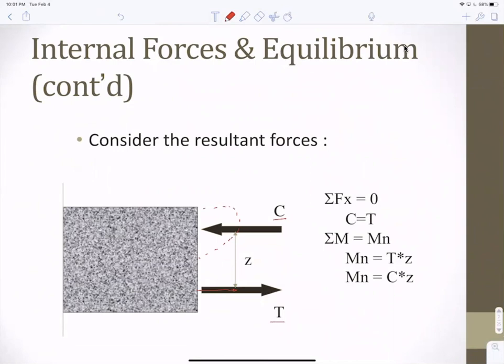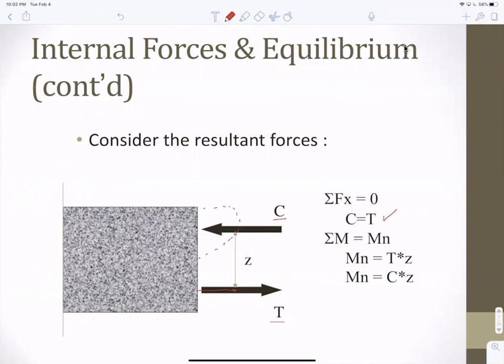By statics, summing forces in the x direction, C has to equal T, right? Then they have to add up to 0. And you've learned about this from dynamics and from statics. Whenever you have two equal and opposite forces that are parallel, that's called a couple.